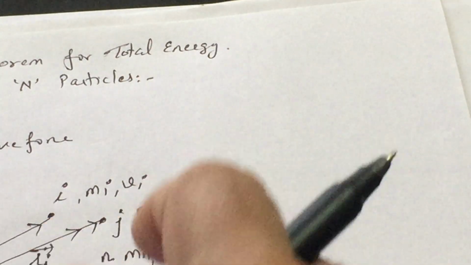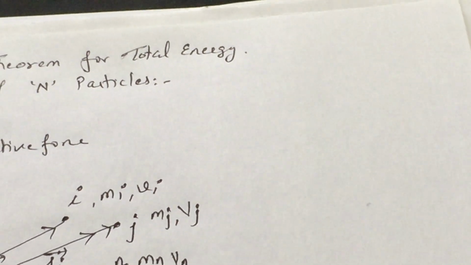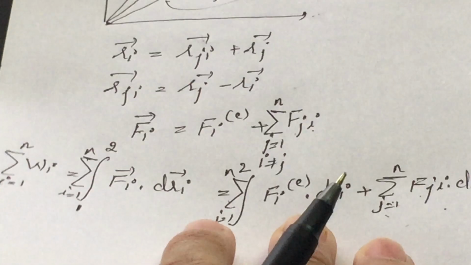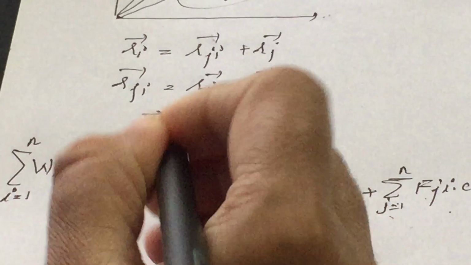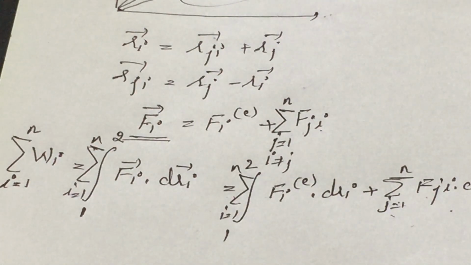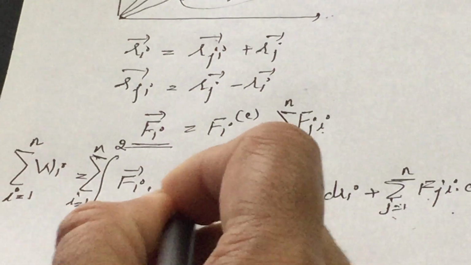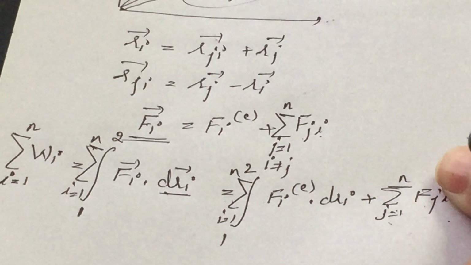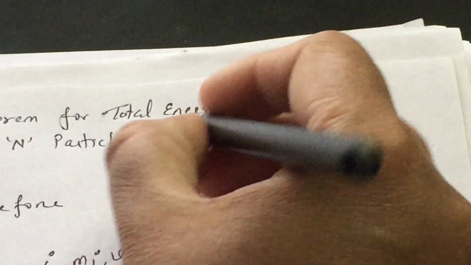Now we will talk step by step about the kinetic energy and work relation. We know that the total force on the ith particle is denoted by Fi, which we already showed here. This is the total force on the ith particle, and we know the displacement shown by the ith particle is dRi, so we can find out the work done on the ith particle.